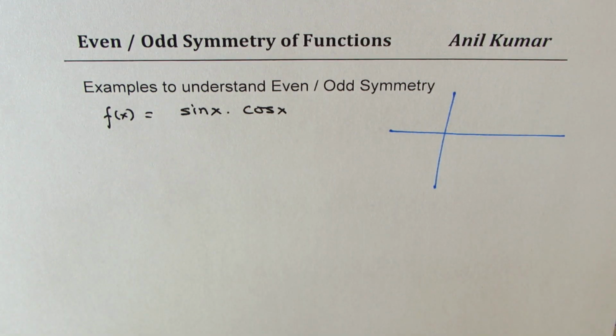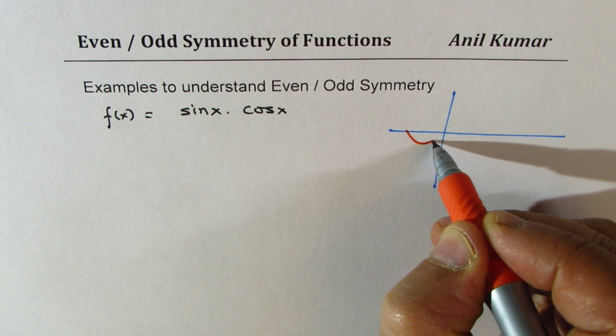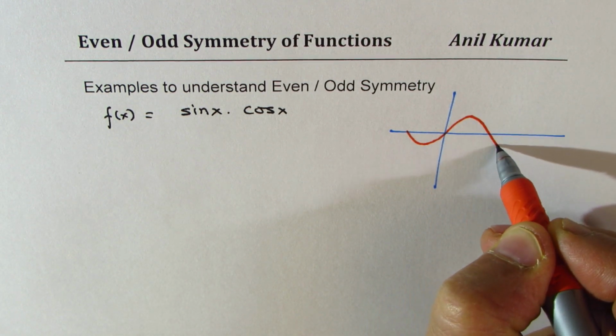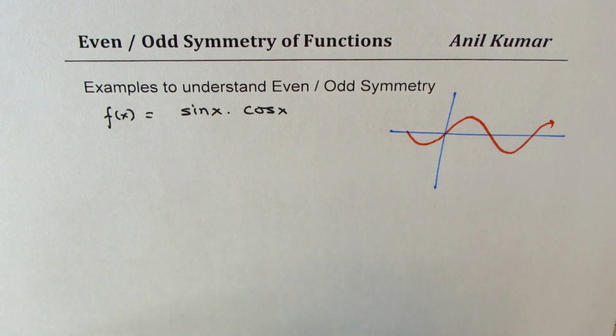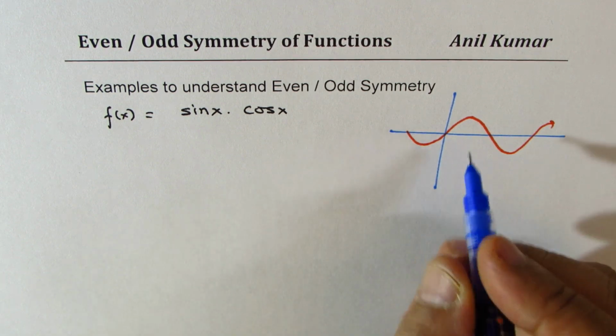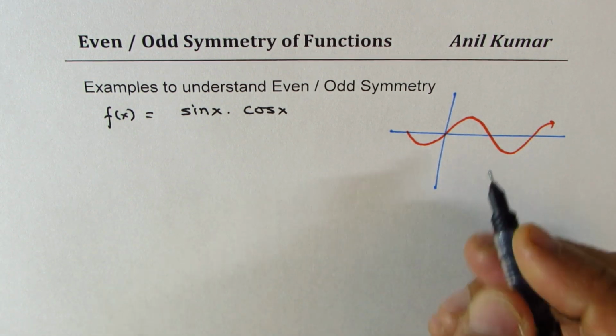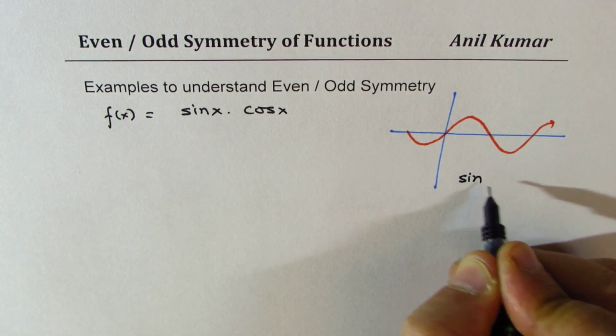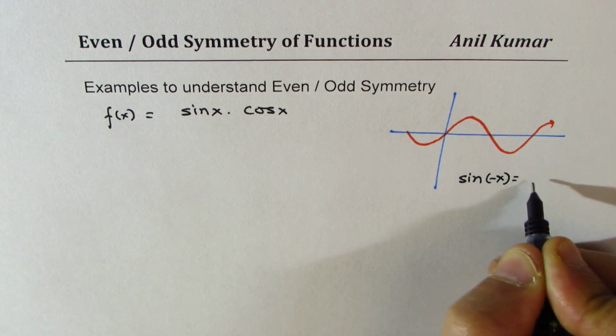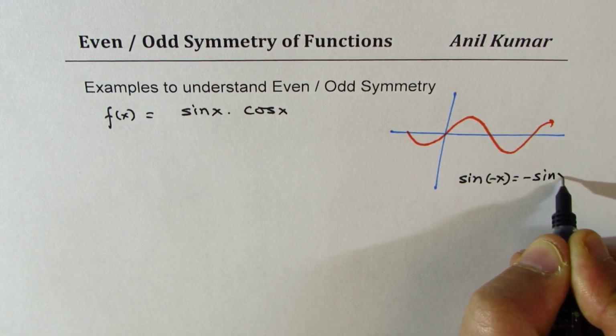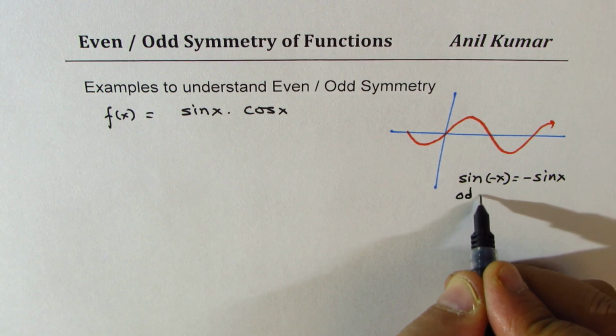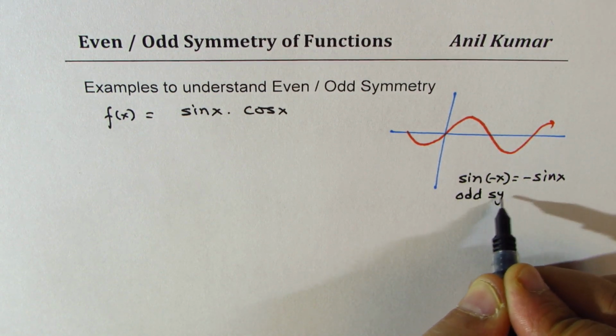Let me sketch here. Sine x could be sketched like this. Now, in this case, we know that sine of minus x equals minus sine x. So it's an odd function, odd symmetry.